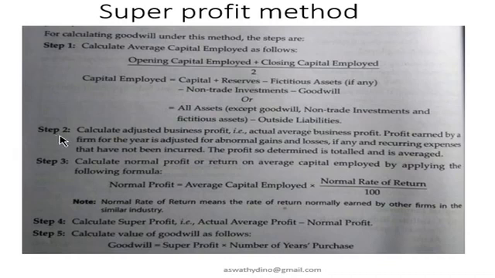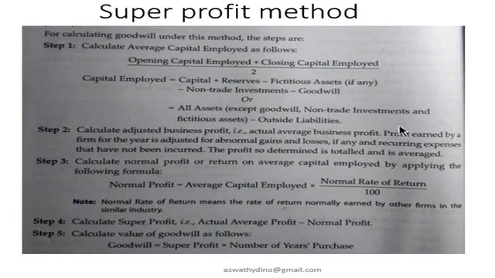Then step 2, calculate adjusted business profit, that is, actual average business profit. The profit earned by a firm for the year is adjusted for abnormal gains and losses, if any, and recurring expenses that have not been incurred. The profit so determined is totalled and averaged.